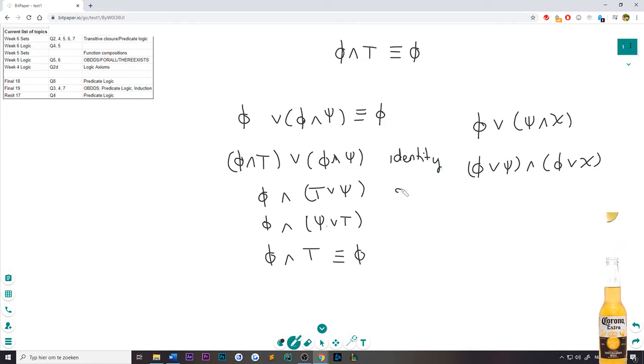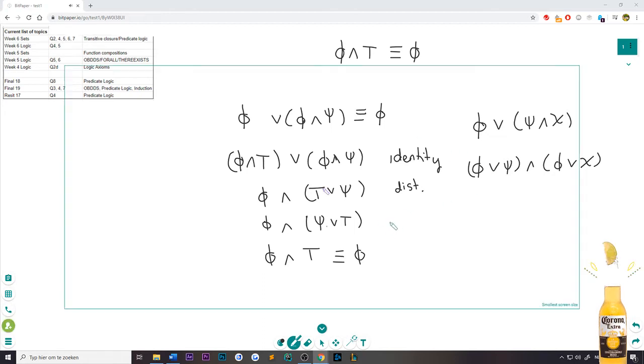Then we use distributivity. Then I'm pretty sure this step is called commutativity. And finally what we have here is just domination. If we apply the domination rule, we can take away this part and we're left with only phi.